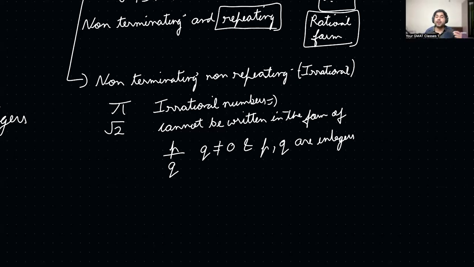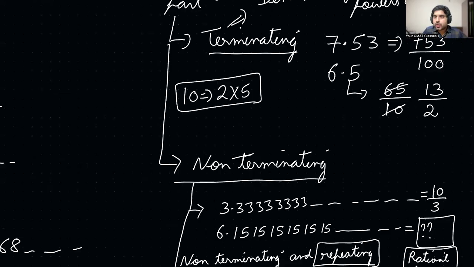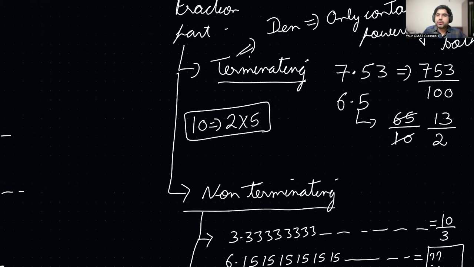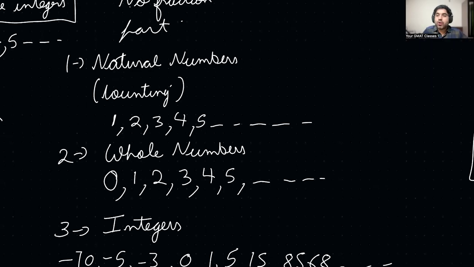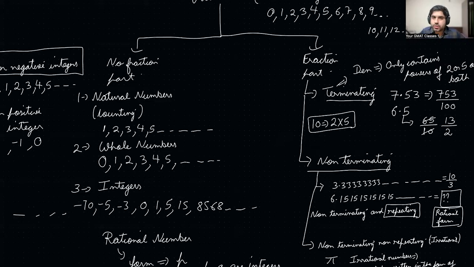So these numbers are irrational numbers. Which numbers? Non-terminating, non-repeating. Every other number that we studied, which is non-terminating and repeating, terminating, natural numbers, whole numbers, integers, all of this category broadly falls into rational numbers.